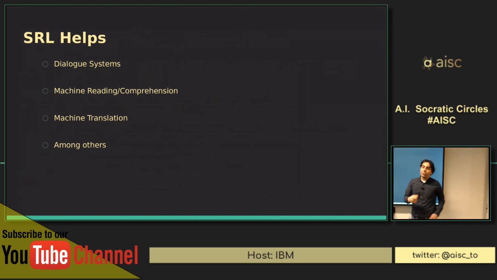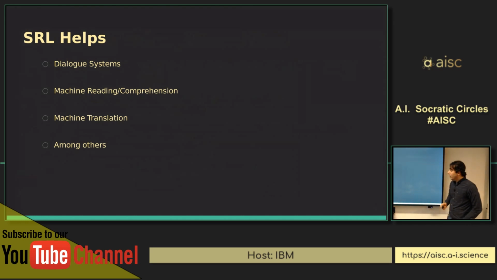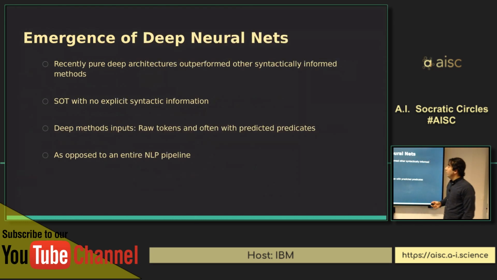And even nowadays, usually better informing of lower-level syntactic information almost always results in better performance. Aside from a domain in NLP that deals with really challenging semantic work, such as co-reference resolution, bridging co-reference resolution, those are a little bit harder to integrate things in. Okay, and among other tasks.